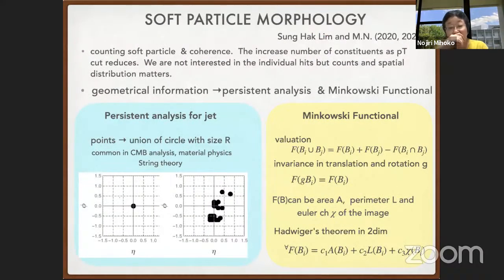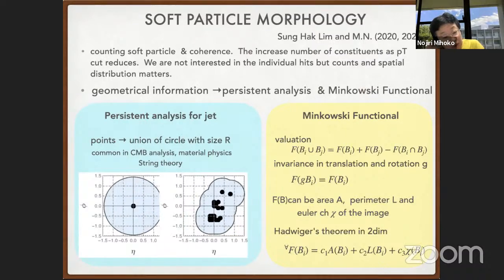So at the end, I want to mention a little bit of what I'm working on with my collaborators. That is exactly about the soft structure of the jet. We have so many particles in the jet, and I want to quantify these things.